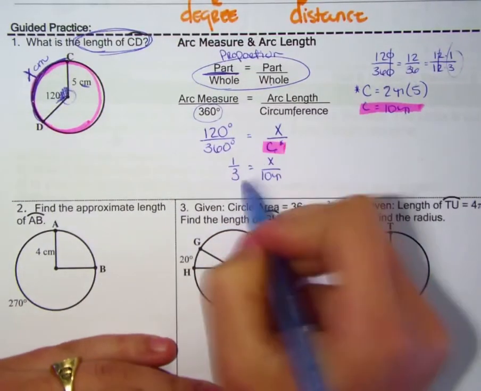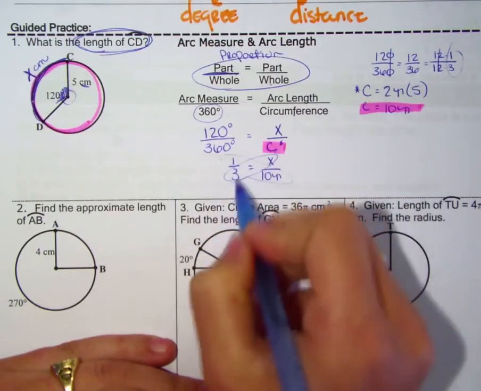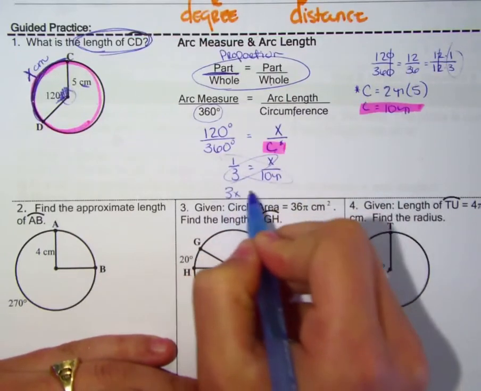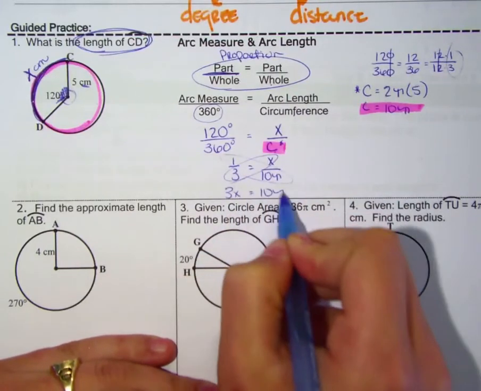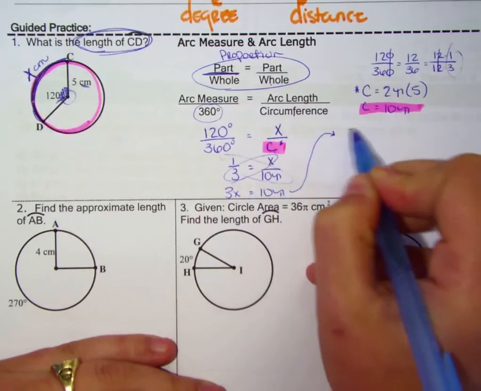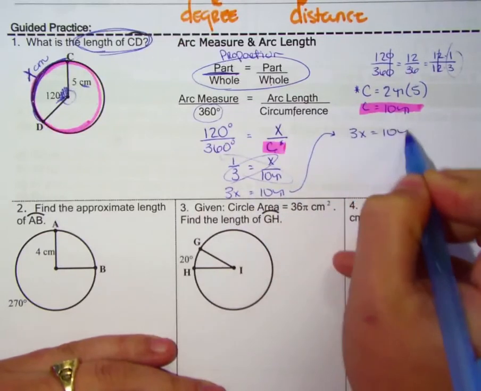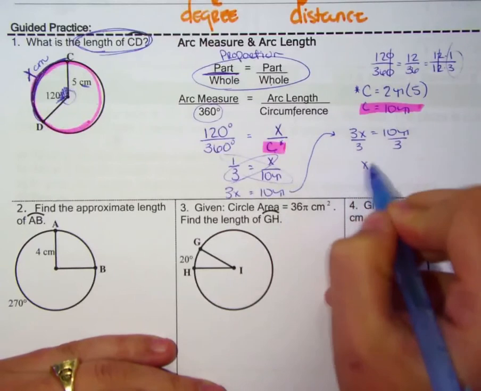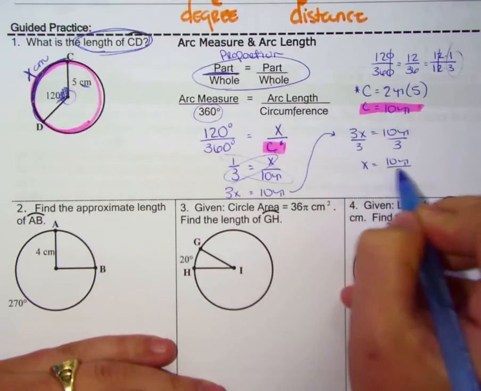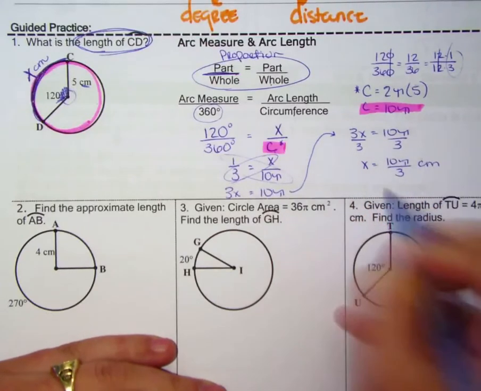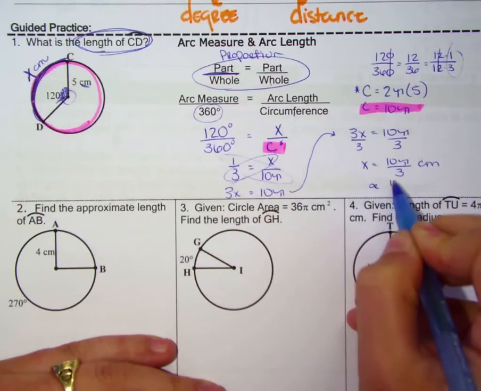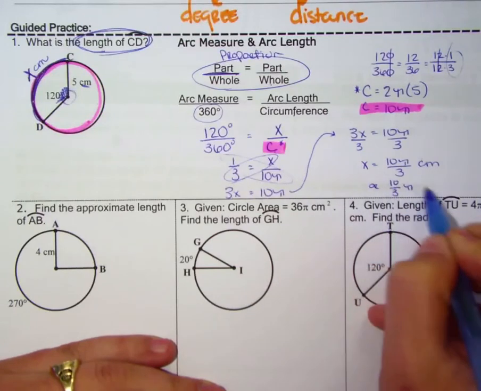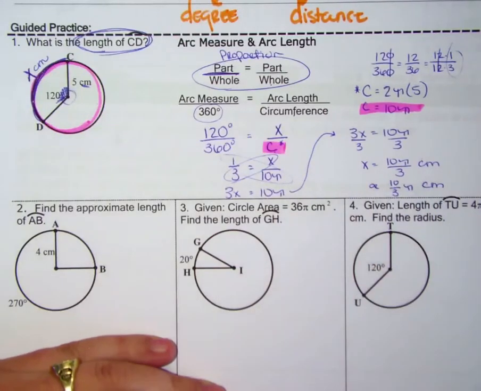Now that we have our proportion, we will cross multiply. 3x equals 10 pi. To solve for x, we'll divide both sides by 3, and x equals 10 pi divided by 3 centimeters, or we can write that as 10/3 pi centimeters.